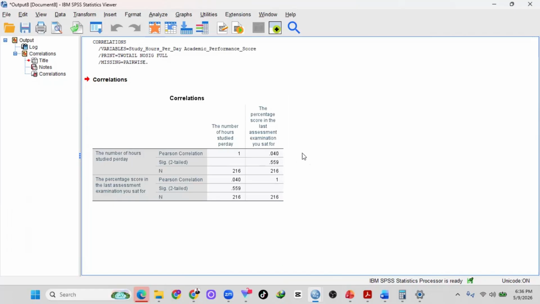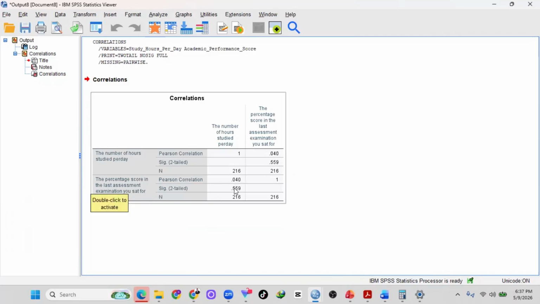So what you're looking for in this table is the correlation coefficient, which is 0.04, and the level of significance, or the p-value, which is 0.5. And this is what we have brought and put in the other table. And it is the same thing here.